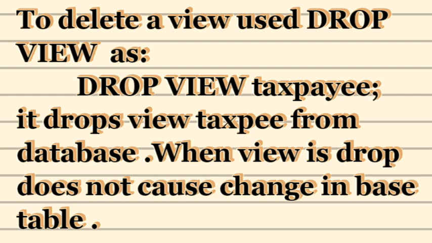But if I drop the table, it will affect the table, and we should drop the table only if I do not want that table any longer in my database. So this is the basic difference between dropping a table and dropping a view.